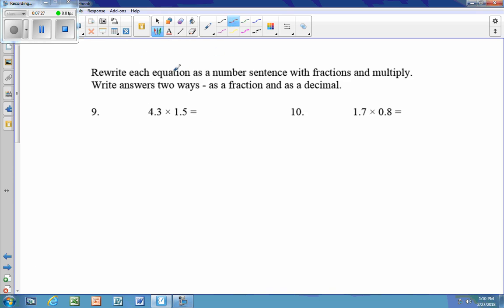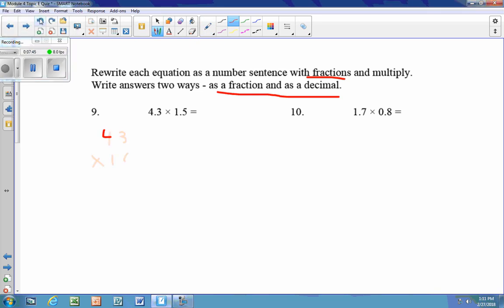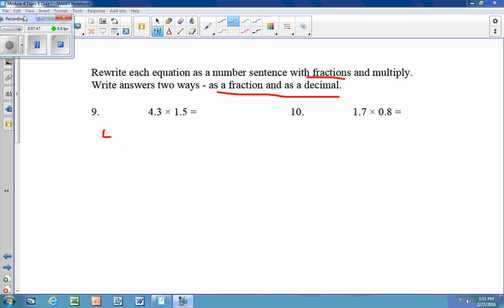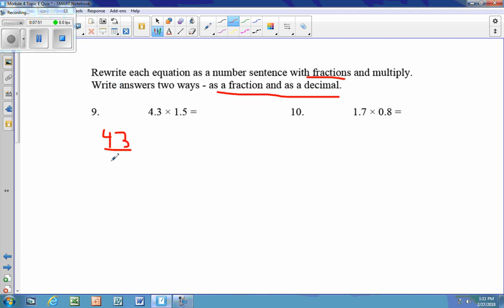Next, this time it says to rewrite each equation as a number sentence with fractions again. And again, it wants the answers as decimals and fractions. So I have 43 tenths. Whoops, I apologize, I'm multiplying, thinking too far ahead. 43 tenths times 15 tenths.